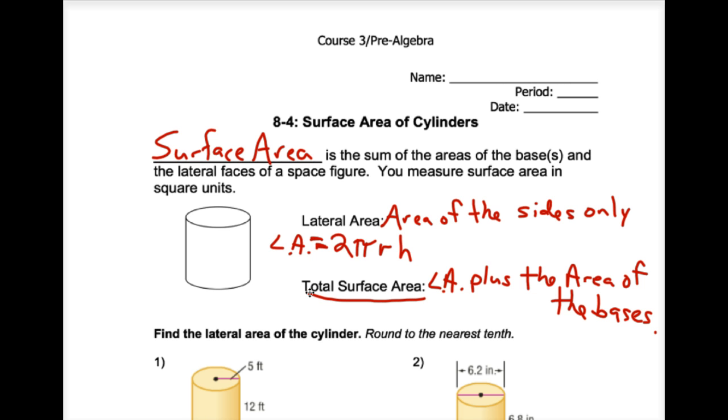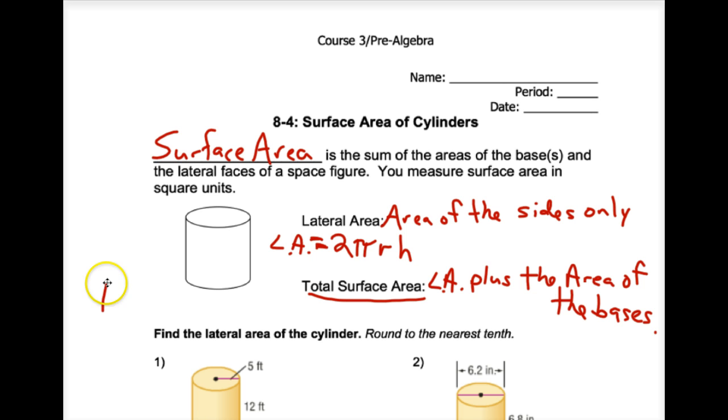So it'd be our little orange piece of paper here, plus, on a cylinder, what kind of shape are the bases? Spheres. Circle. Who said spheres? Circles, not spheres. In a cylinder, are both circles the exact same size? Yeah, always.